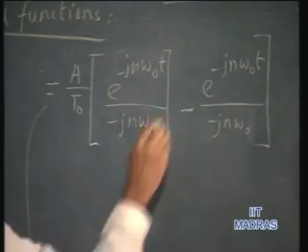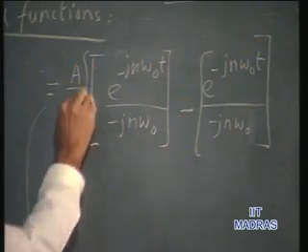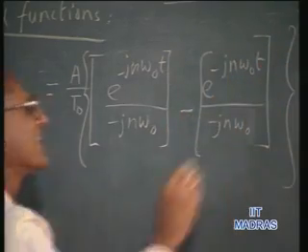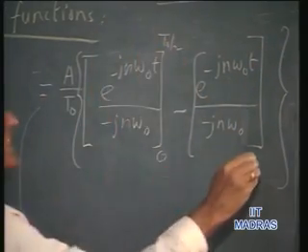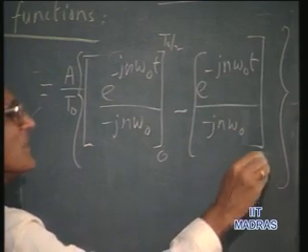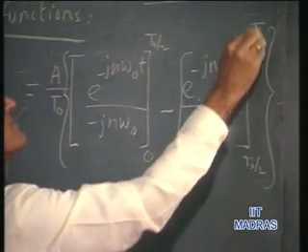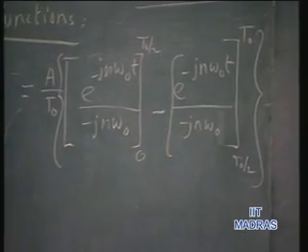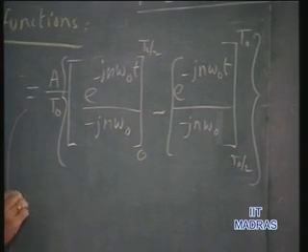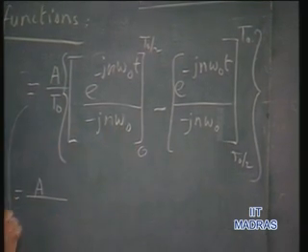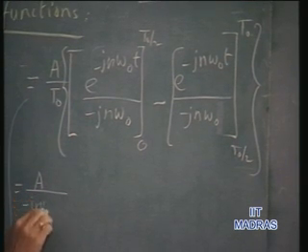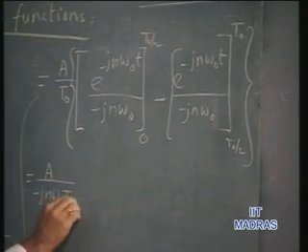The first integral is evaluated between 0 and T naught upon 2. The second integral is evaluated between T naught upon 2 and T naught. So you can take out minus jn omega naught outside.